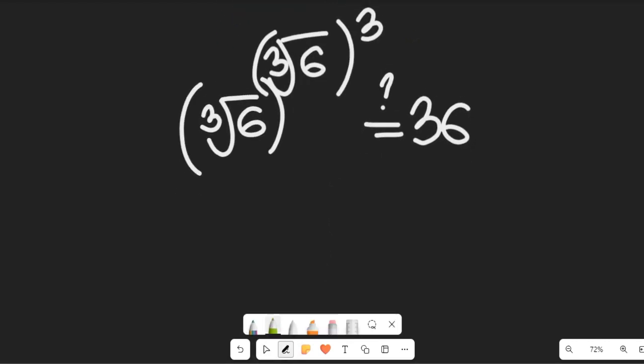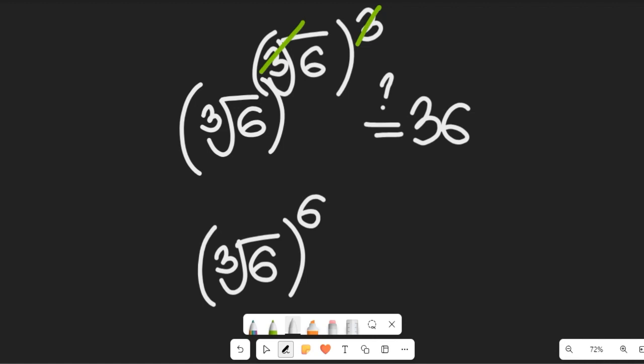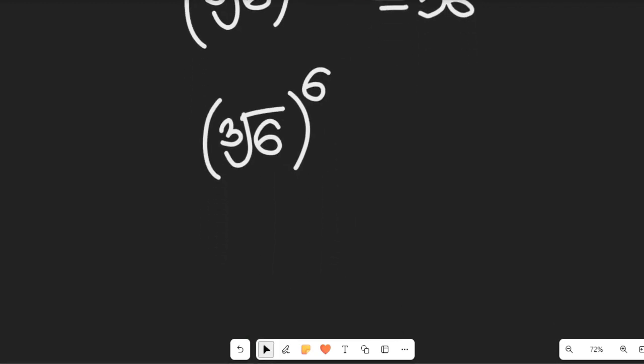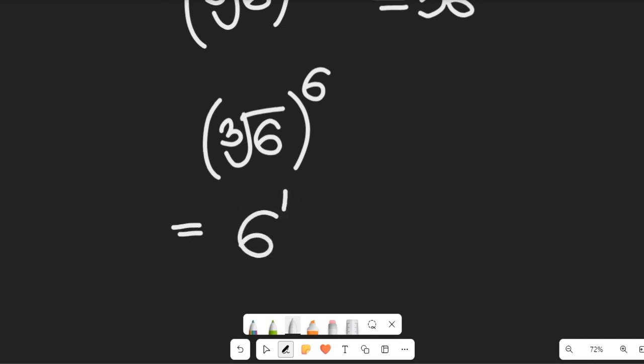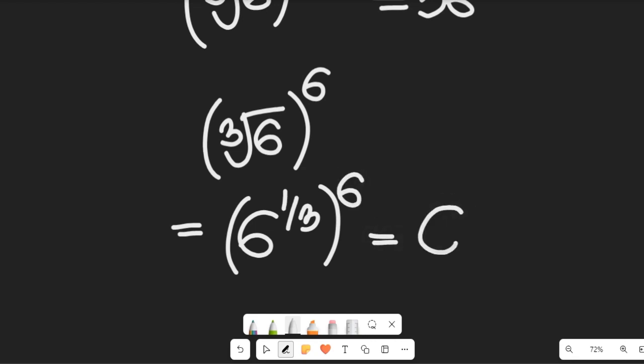With this, we can see that the cube can simply clear the cube root and we'll be left with the cube root of 6 to the power of 6. Now recall that the cube root of 6 can still be equal to 6 to the power of 1 divided by 3, right? So that can multiply 6, and that expression will now give us 6 to the power of 1 divided by 3.